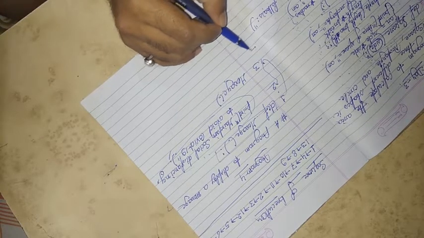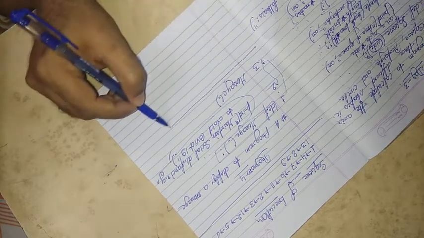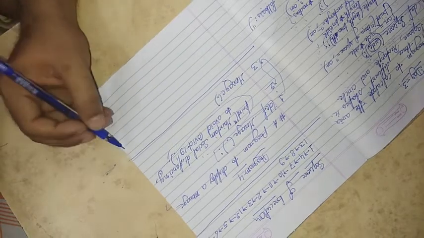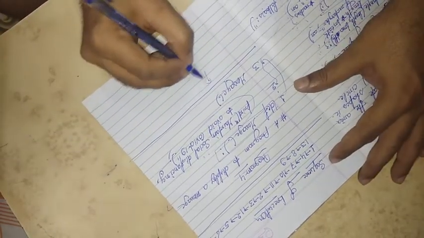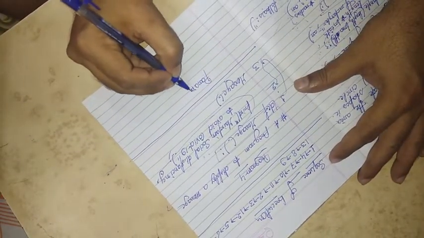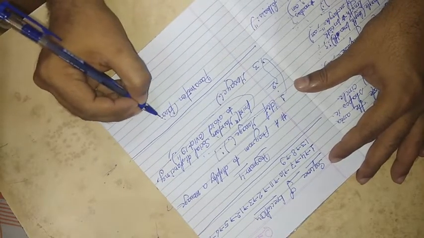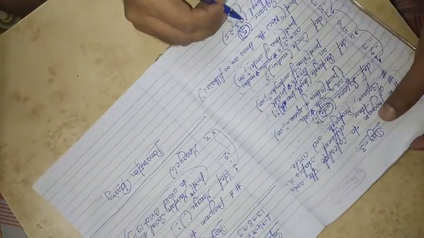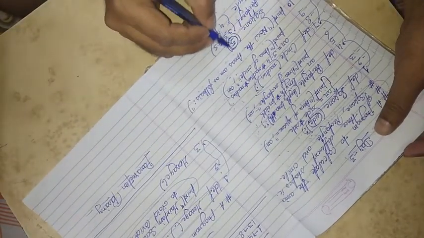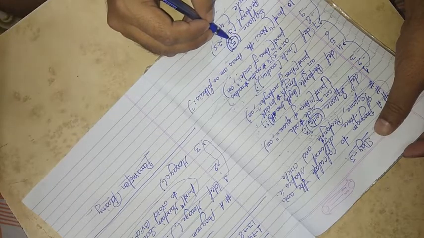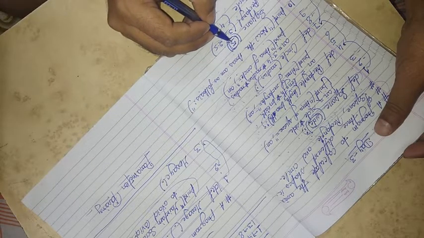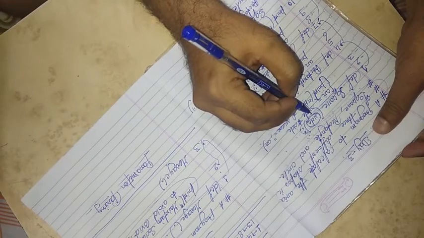Now one more thing I want to tell you all: parameter passing. That means whenever you call a particular function with any particular variable or literal, that particular literal needs to be passed to the parameter of the user-defined function.